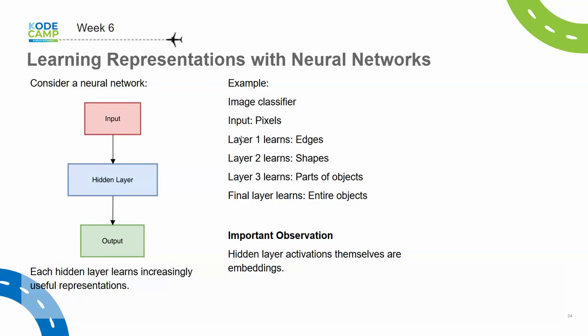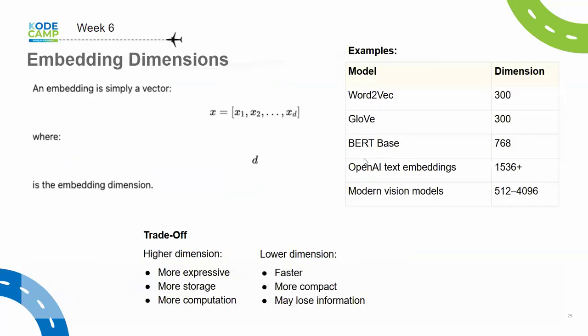And then for the input pixels, layer one will learn the edges, layer two will learn the shapes, and layer three will learn parts of objects. The final layer can learn the entire object, right? But the important observation is that the hidden layer activations become embeddings. They are internal representations of the meaning of whatever you have given to the model to learn from.